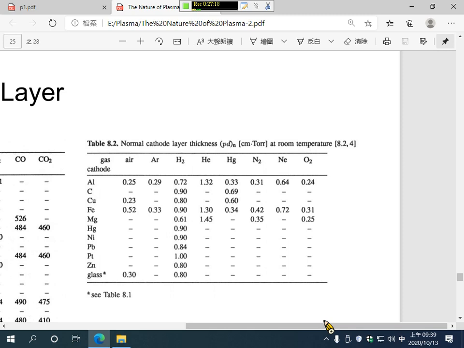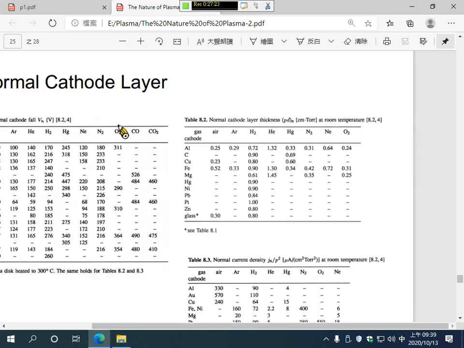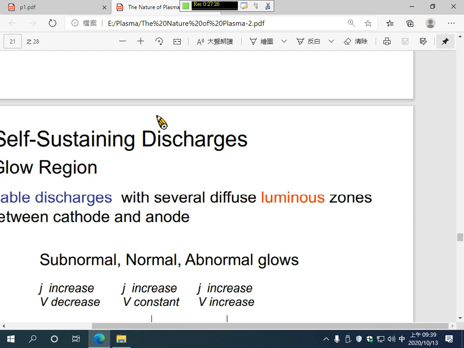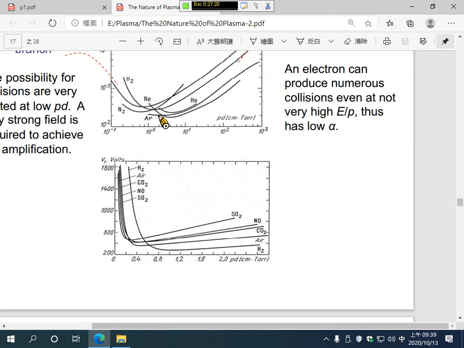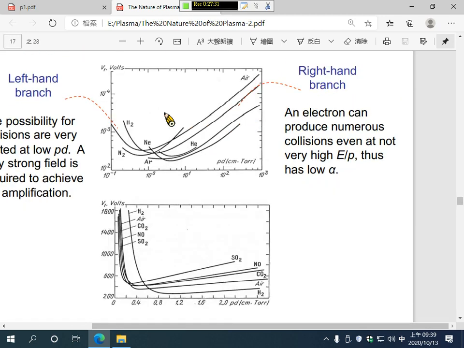Okay. And this value is related to the Paschen curve here, right? The horizontal axis has a unit of centimeter torr, because this value is given by P times d, pressure times distance. Okay, this is the cathode layer.